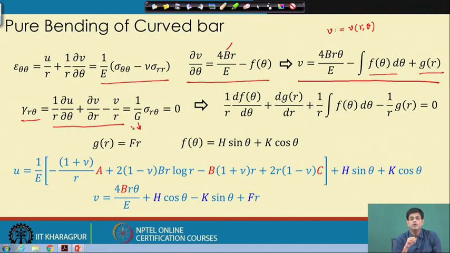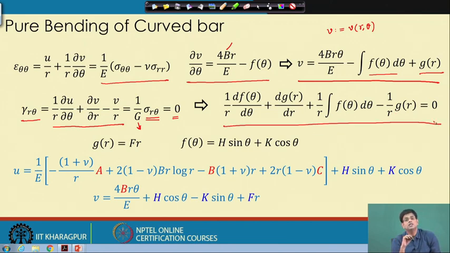Now, if you remember, for the pure bending case, the shear stress sigma r theta is essentially 0. So, this implies that the shear strain will be 0. Now, if I substitute u and v and equate it to 0, this will be my final equation.